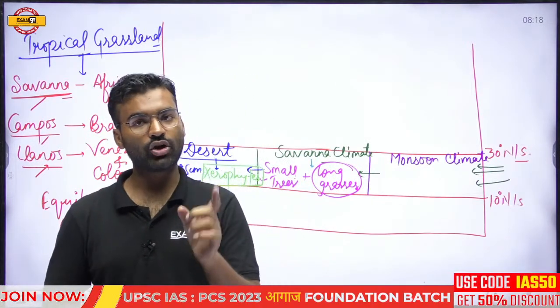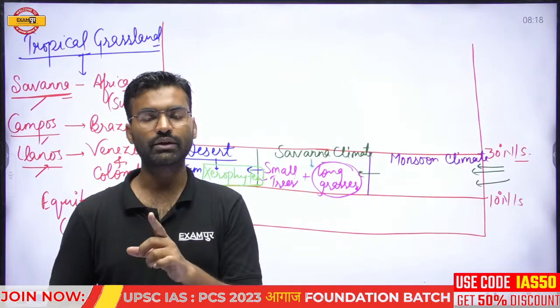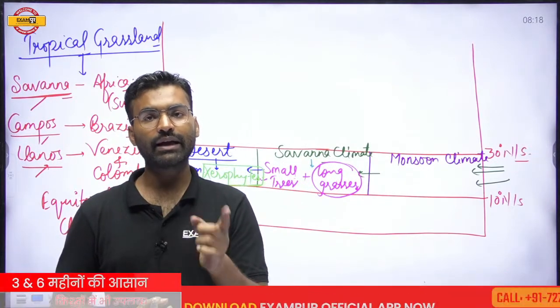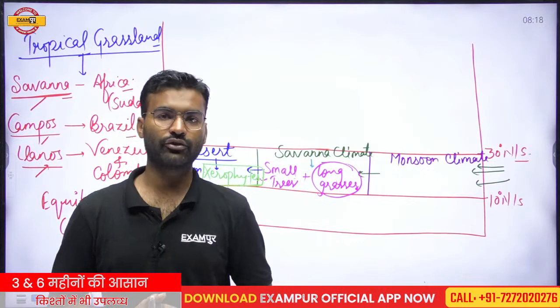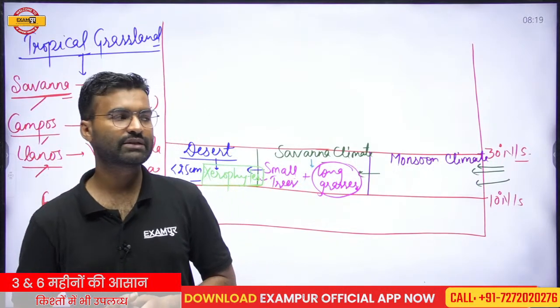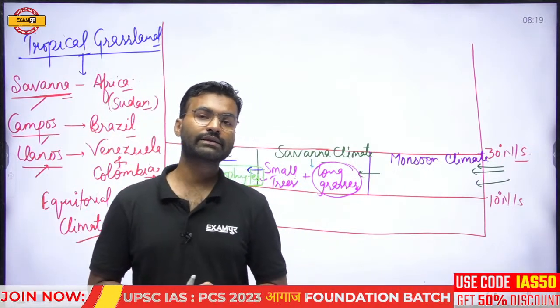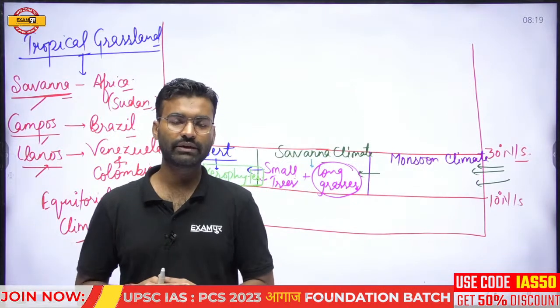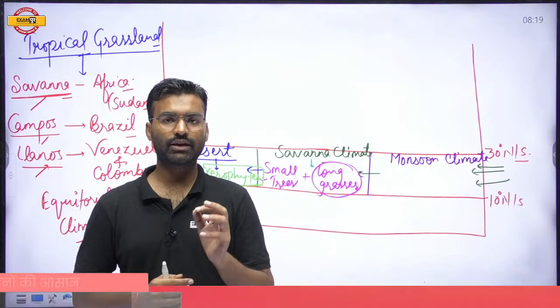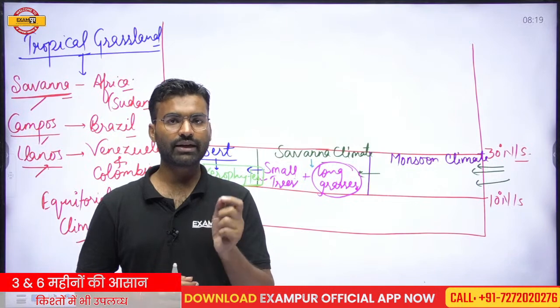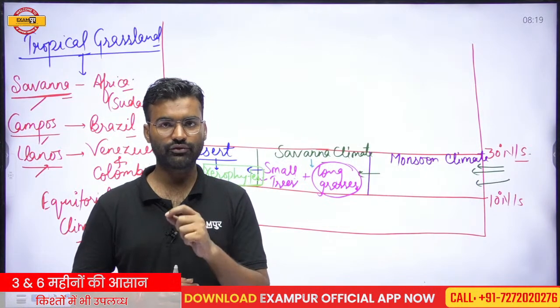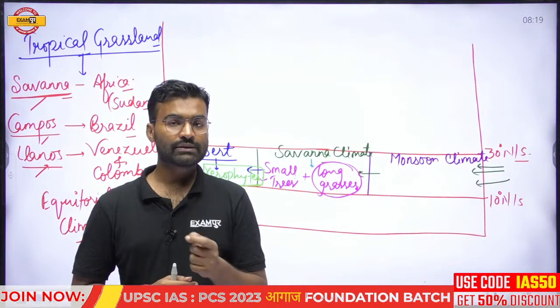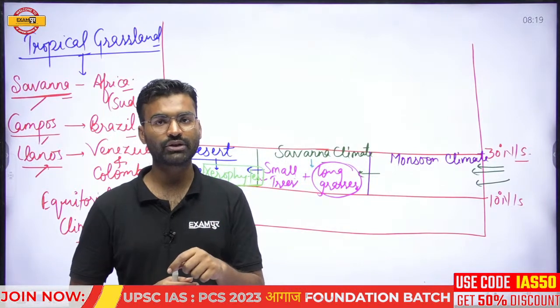Sahara is the largest hot desert of the world, whereas Antarctica is the largest desert of the world. Many times we studied that the Sahara is the largest desert of the world. That is the wrong fact. The correct fact is that Antarctica is the largest desert of the world, and Sahara is in second position.